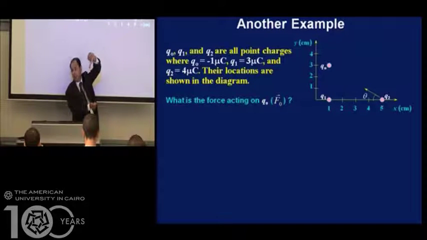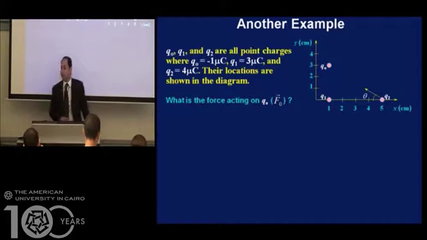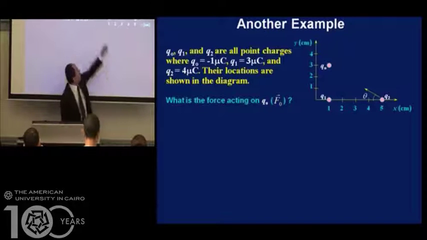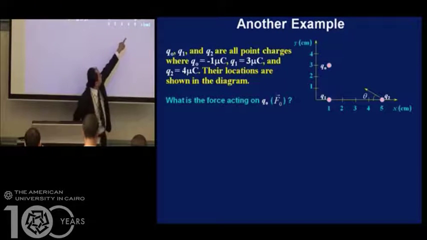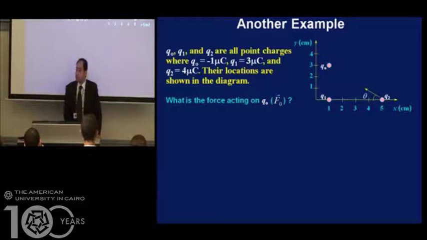What is the magnitude of that force? Simple. It's k times the absolute value of the Q's, totally forgetting the signs of the Q's now, divided by the distance between them squared. That's easy. How about the force on Q0 from Q2? Is it an attractive or a repulsive force?